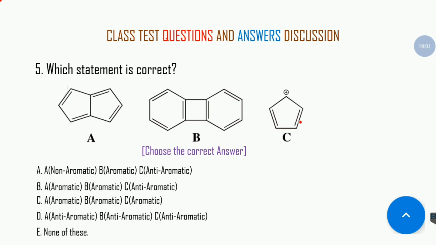You have to memorize the series for aromatic and anti-aromatic compounds. So compound B has 12 pi electrons, compound C has 4 pi electrons, and option A has 8 pi electrons.